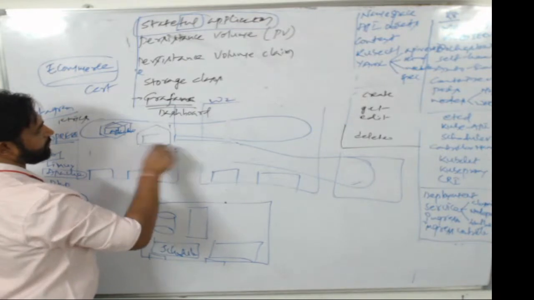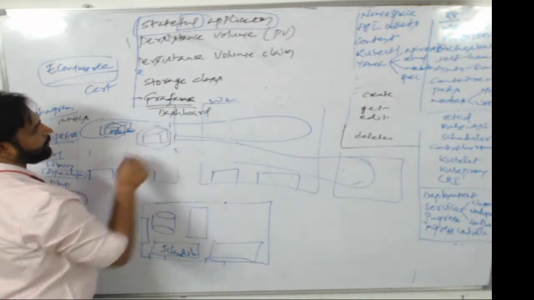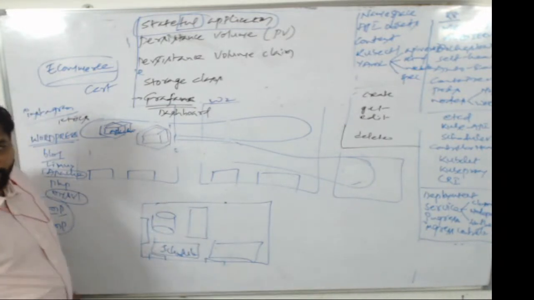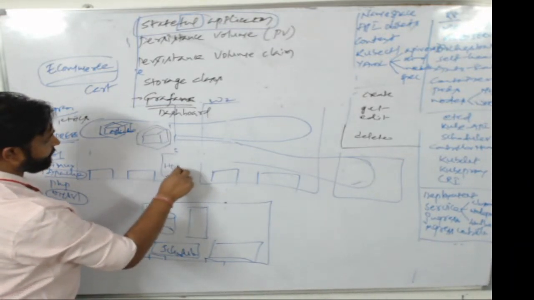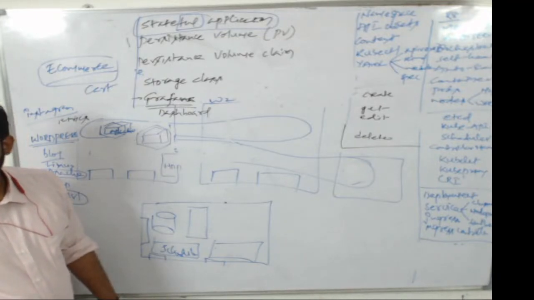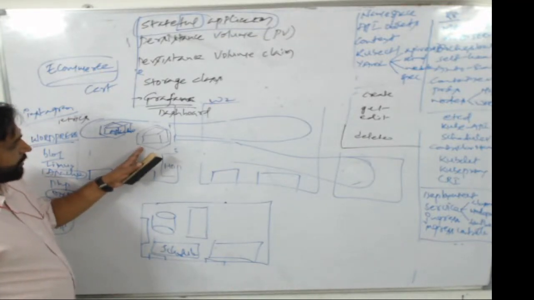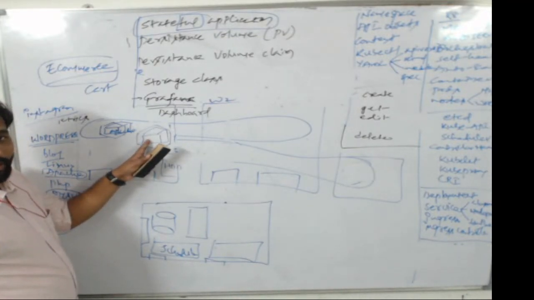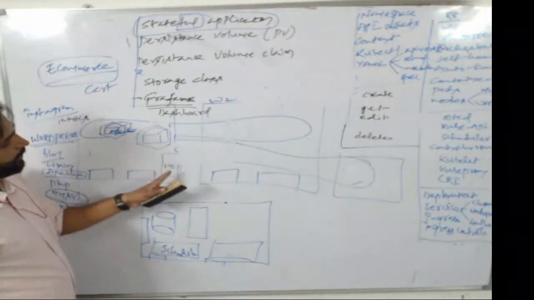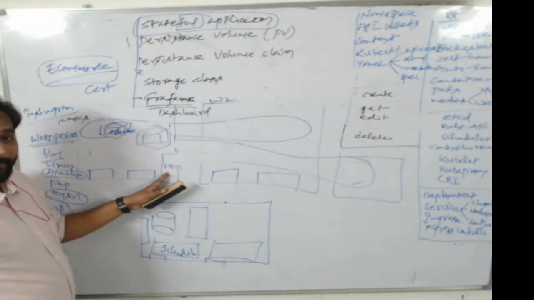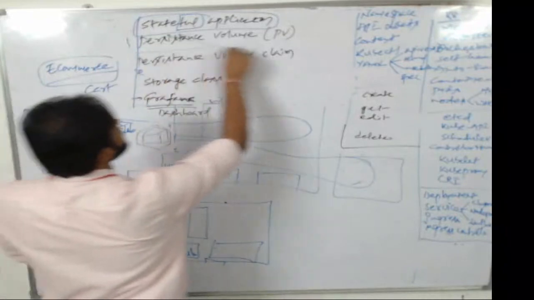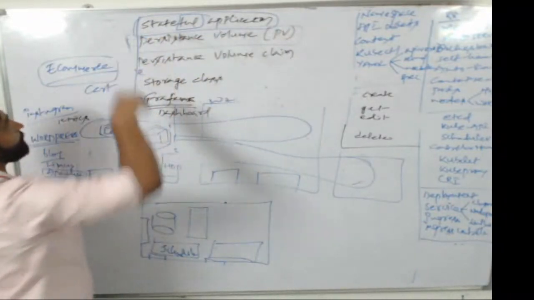So if MySQL wants a storage, obviously it has to get it from somewhere. Let's say there is a hard disk here. What it can do is this pod or the container can take some hard disk space from the hard disk available on the node. So that hard disk is called a persistence volume.